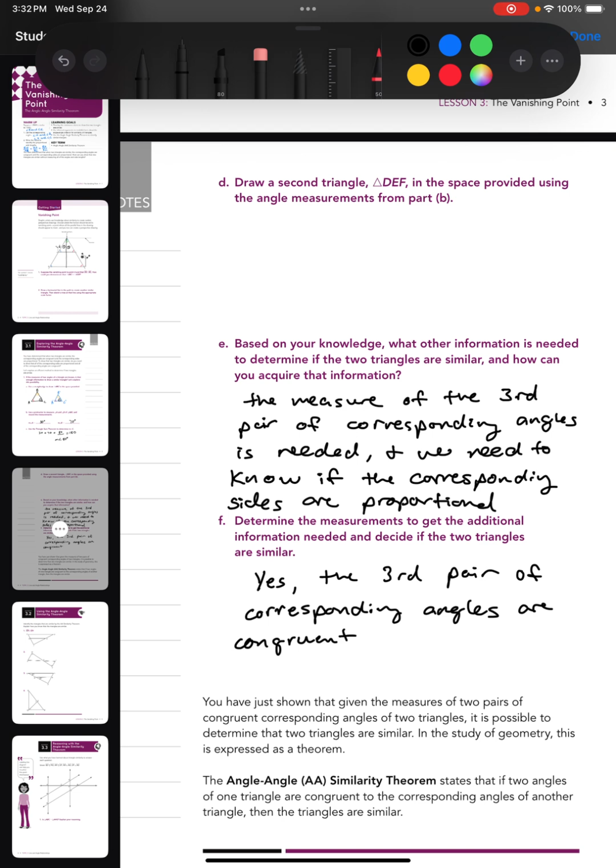Just emphasizing that similar triangles maintain congruency among the angles, not the sides, but the angles. And the corresponding sides are proportional.